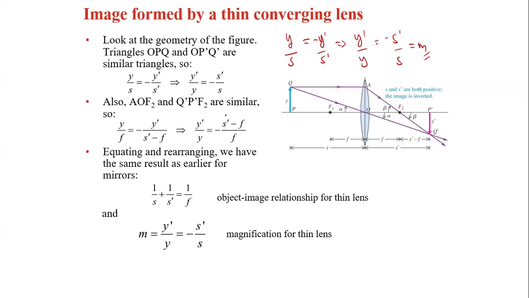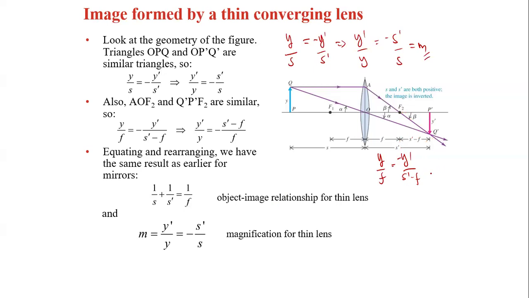Another pair of similar triangles is the triangle AOF2 and the triangle QPF2. The ratio of y over f is equal to negative y prime over s prime minus f, with the negative here.